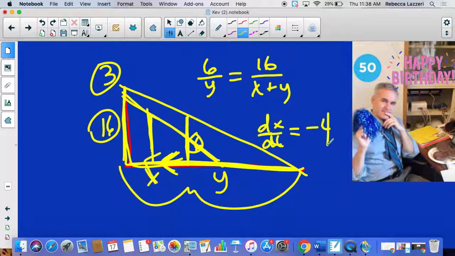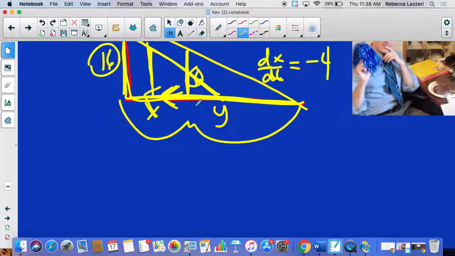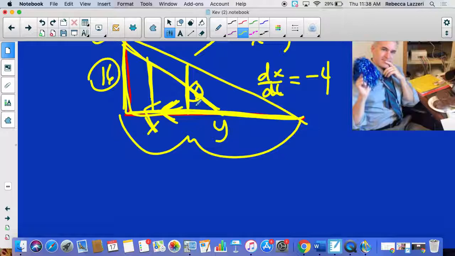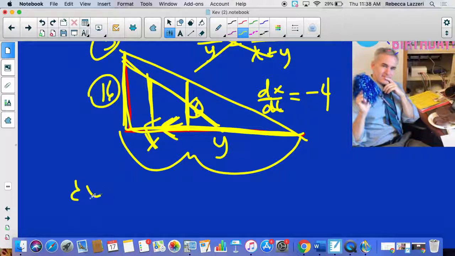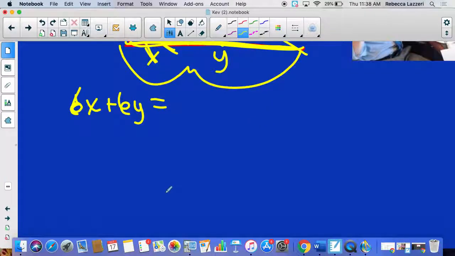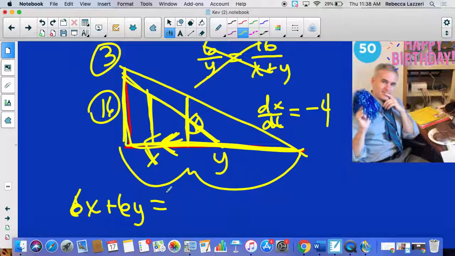Now I can take a derivative as is, but I'm going to cross multiply. So I have 6x plus 6y equals 16y.